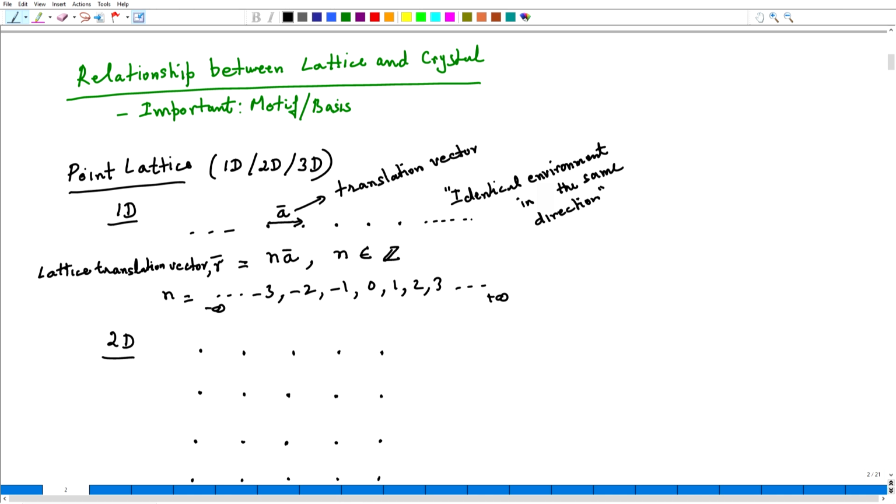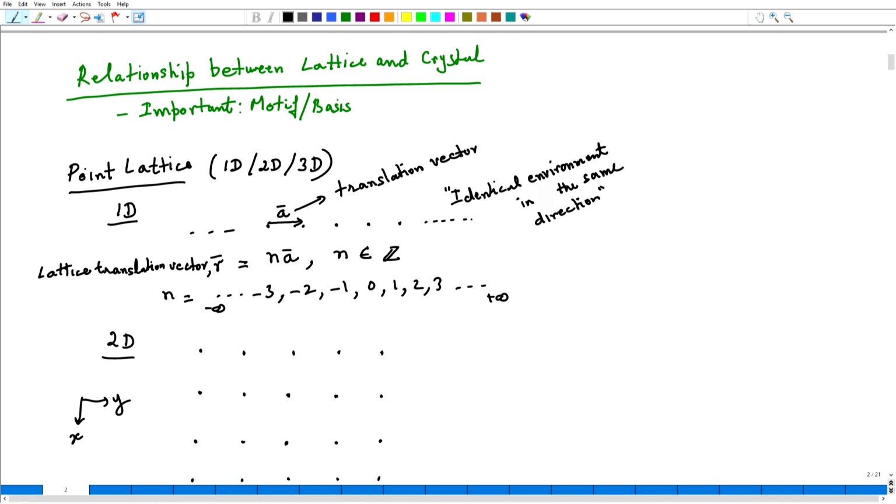You can imagine that I have shown a small part of an infinite lattice in all directions. So, these set of points are spread in both. You can imagine that this is, let us say, the x direction and this is the y direction. So, they are along x going from minus infinity to plus infinity, along y minus infinity to plus infinity. So, you have an infinite lattice.